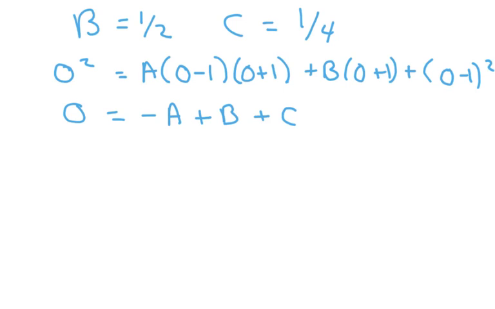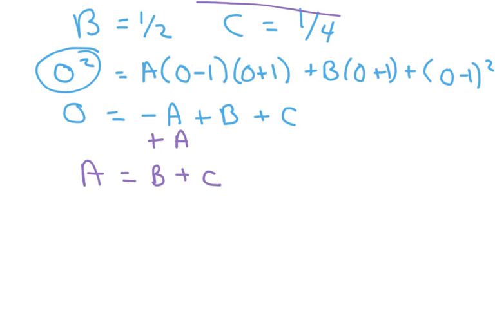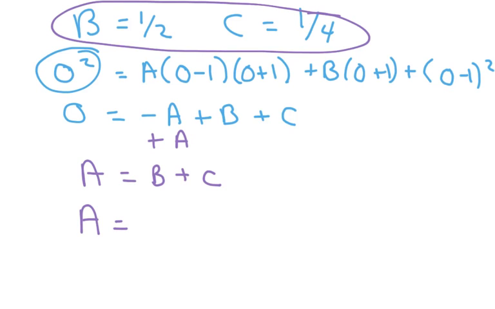The reason I did 0 is because I want a 0 here. Now if I add a to both sides, I get a equals b plus c. Well, I already know what my b and c are, so a equals 1/2 plus 1/4, which equals 3/4.